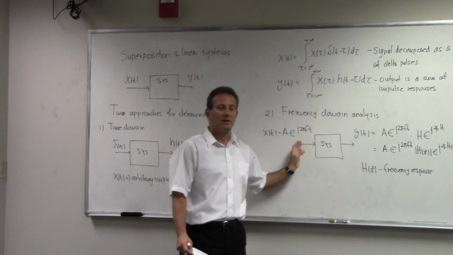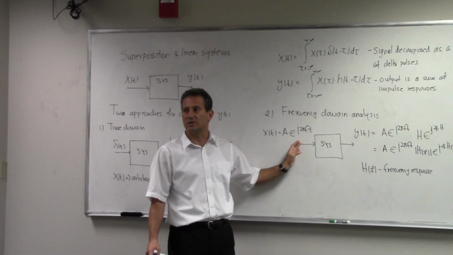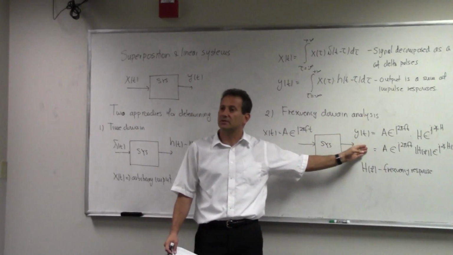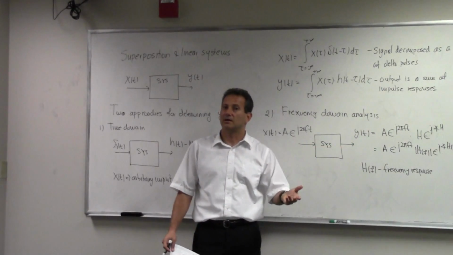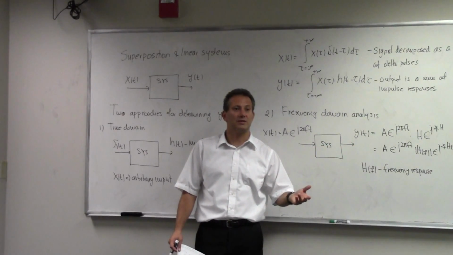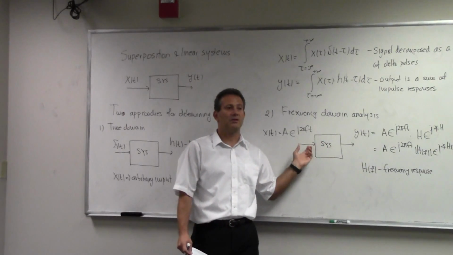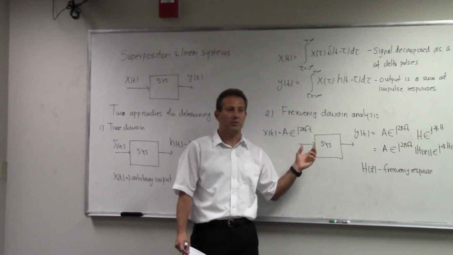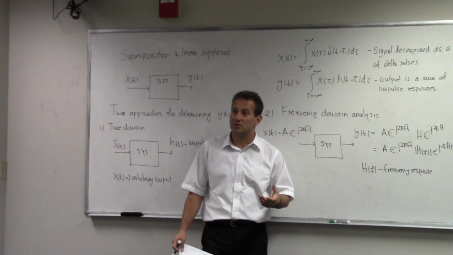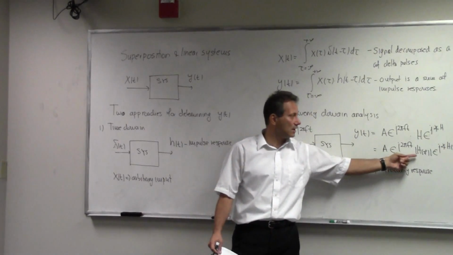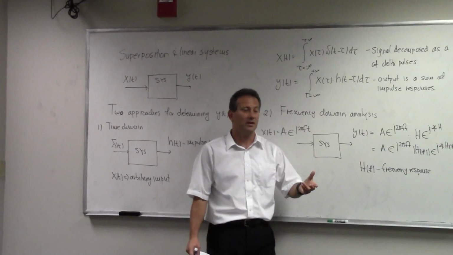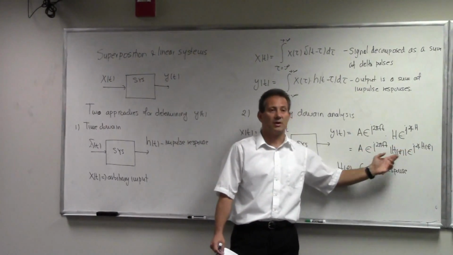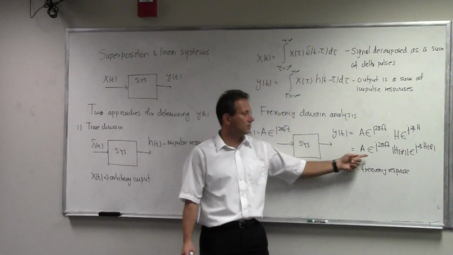But this is very practical. I can present a sinusoidal input to a system. What I'm going to observe is the sinusoidal output of the same system. I can determine the magnitude and phase of the output and the magnitude and phase of the input. I know how much the magnitude changes, which is this magnitude of h of f. And I know how much the system added to the phase, which is this angle here, so I can easily obtain h of f.